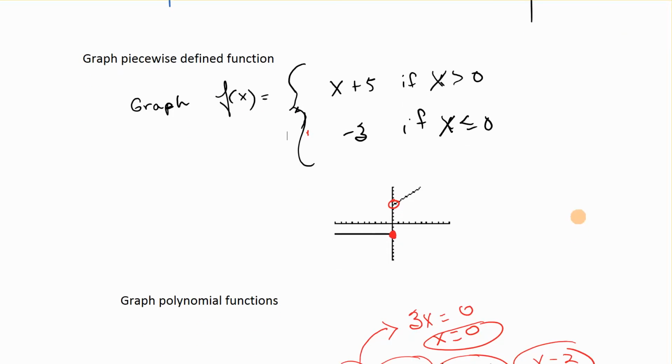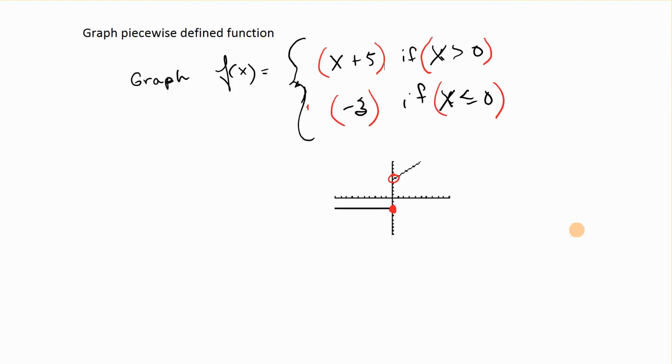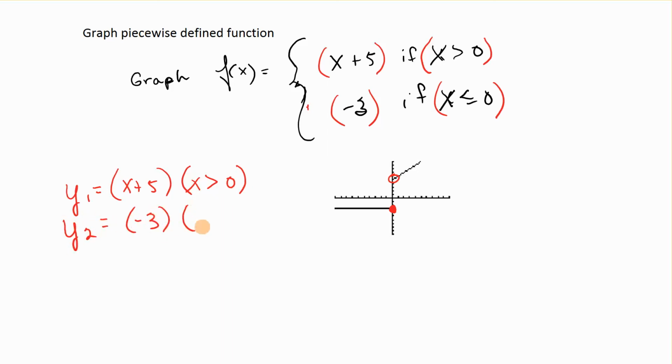So what we need to think about for the calculator is that we do have separate pieces all in one function, and when we put it in the calculator, we are going to put the parameters in parentheses and the function itself in parentheses. All right, so we would go to y1 and we would put in x plus 5 and then open, we don't put the if, x greater than 0, and y2, we would put in -3 if x is less than or equal to 0.